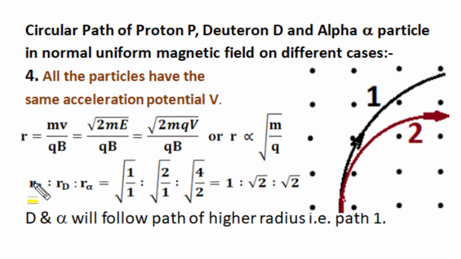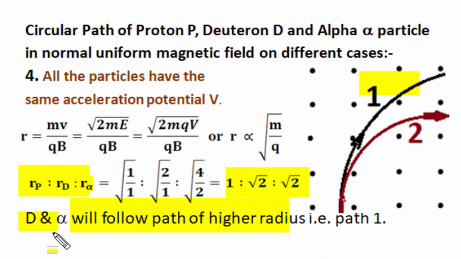So the three particles proton, neutron and alpha performing uniform circular motion after acceleration from the same potential difference will have a ratio of radius 1 is to root 2 is to root 2. It means the two particles, neutron and alpha, both have the same ratio of mass to charge, higher than that of proton. So neutron and alpha will follow the path of higher radius, that is path 1, and proton will have the path of smaller radius.